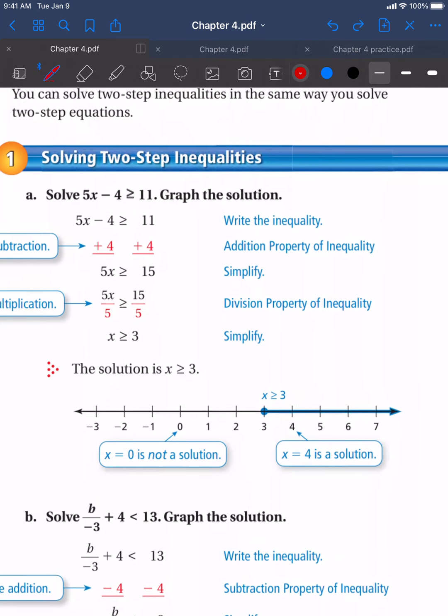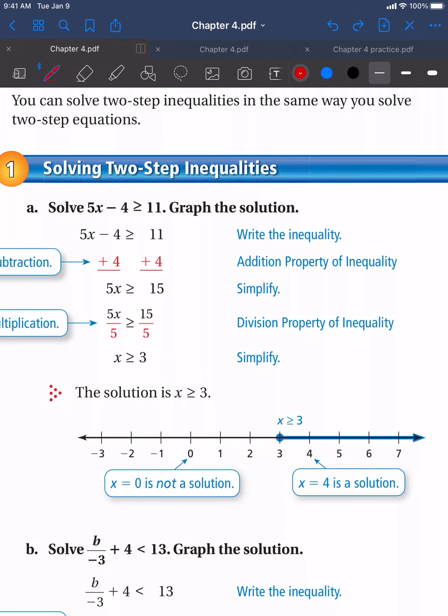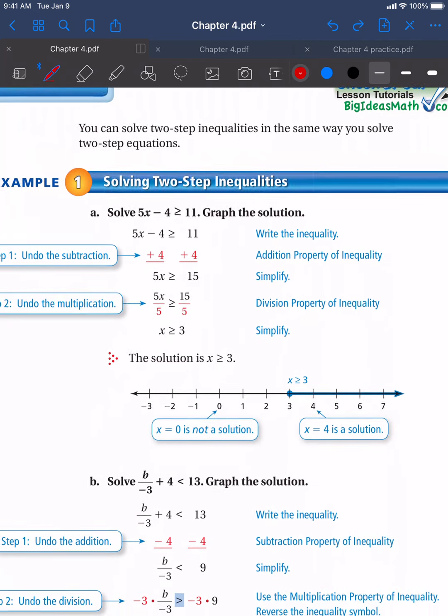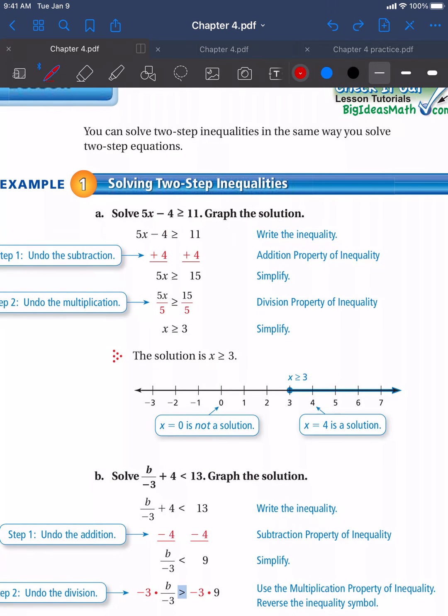If you are reading this in your book or you're watching this as a video, always read the examples. This book is very readable, and what that means is that if you needed help, you can go to the examples and very easily, step by step, they explain it if you just read them, okay? I'm not going to do the examples. I want you just to know that if you need extra support, those examples are there.